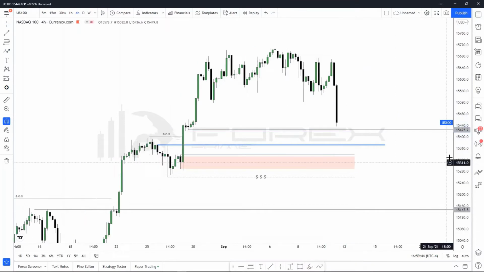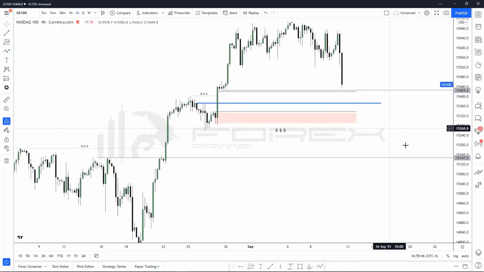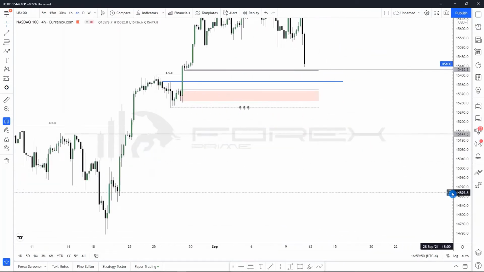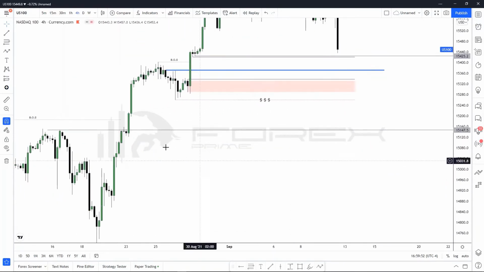All right, but like I said, if price drops further down, we can see that price has a lot of interest in wanting to fill the void that we have right here.